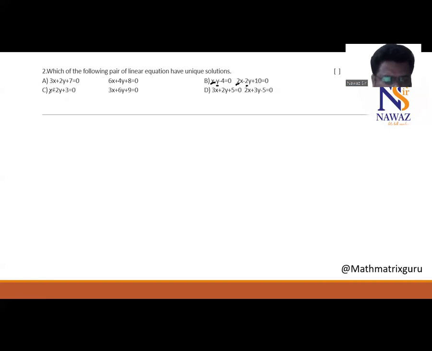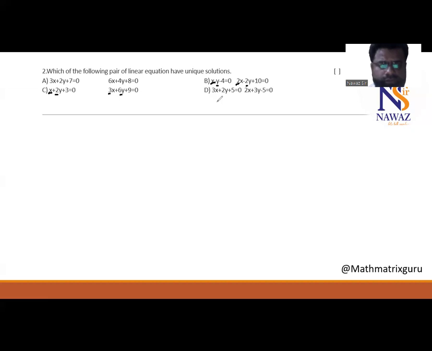Option C: a1 is 1 and a2 is 3, so a1 by a2 is 1 by 3. b1 by b2 is 2 by 6, which again comes as 1 by 3. So again the condition fails.